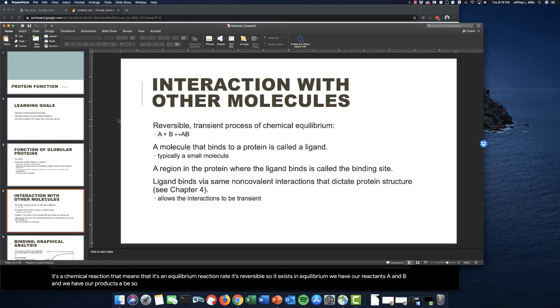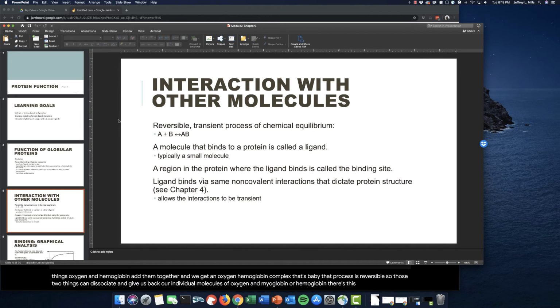So A and B in this case would be oxygen and myoglobin, or oxygen and hemoglobin. So we take those two things, oxygen and hemoglobin, add them together, and we get an oxygen hemoglobin complex. That's AB. That process is reversible, so those two things can dissociate and give us back our individual molecules of oxygen and myoglobin or hemoglobin.